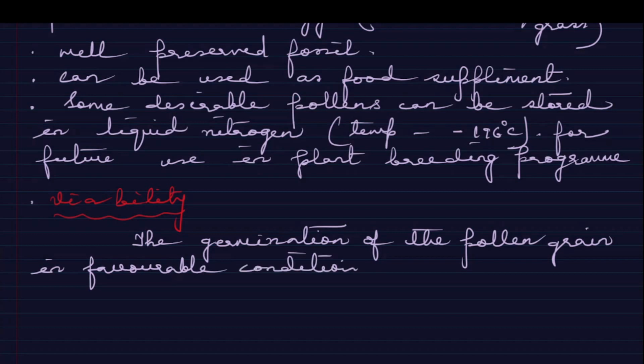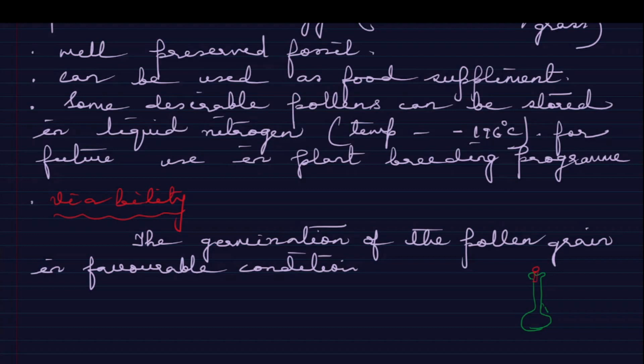Okay. So students, actually what happens, if I show it like this, that is the female part: stigma, style and ovary. A pollen grain, when it falls on the stigma, only if it gets favorable condition and the interaction between stigma and pollen is okay, then it germinates into a pollen tube. So this is called viability, whether it can germinate or not.